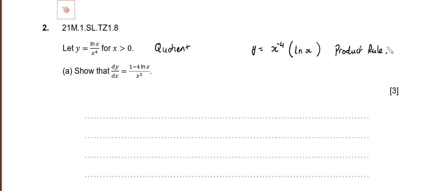So should we do quotient rule? Do you remember quotient rule? Well, you don't need to remember it, it's in your formula booklet. But if you can't remember it, for u divided by v, it's v du dx minus u dv dx, all divided by v squared.